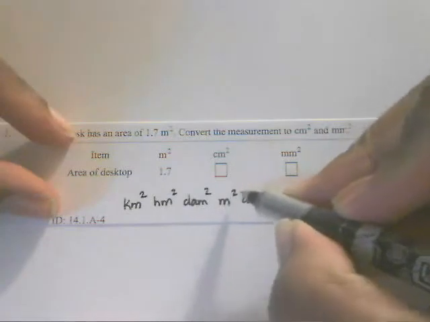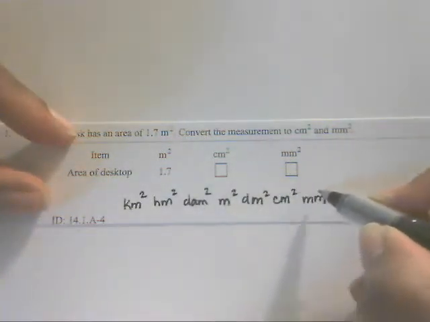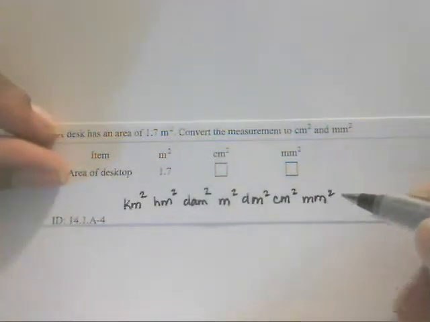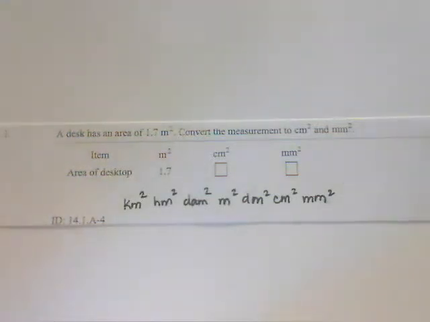So I'll put the exponent of 2 here for each one of these. Okay, now, because of the square units, we move the decimal point 2 times the number of decimal places we normally move, either to the left or to the right, if we were using just the basic unit of measurement in the metric system.